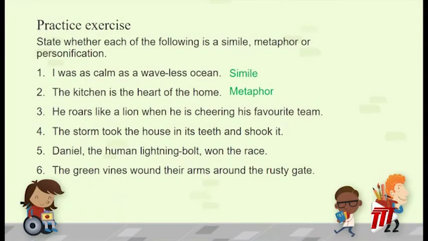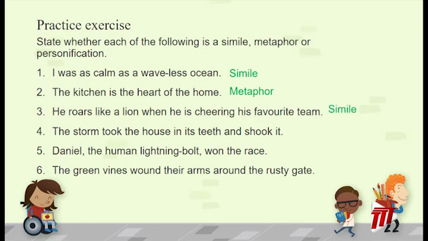Because we compare the kitchen to the heart, but we do not use the words as or like, this would be a metaphor. He roars like a lion when he's cheering his favorite team. Here, the person's cheering is being compared to the roaring of a lion using the word like.